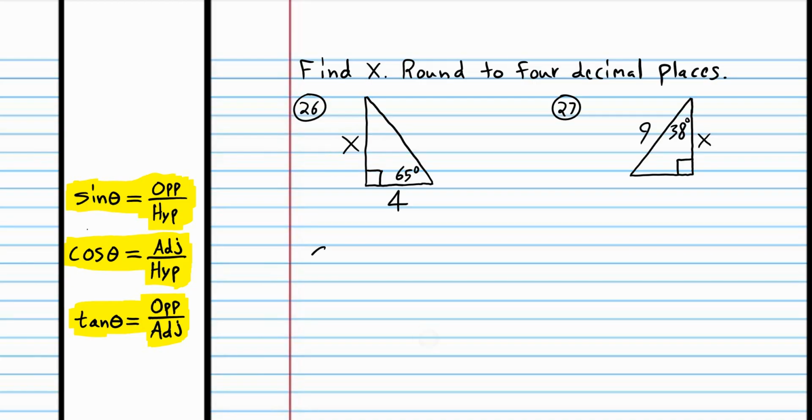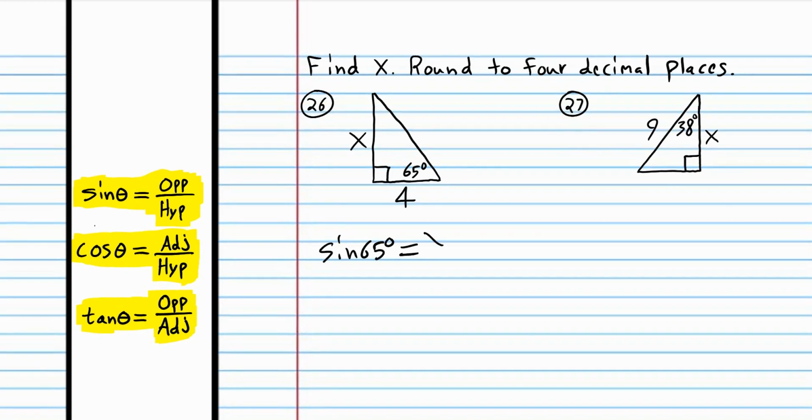So I'm going to try to use sine 65. Sine 65 is opposite over hypotenuse. Whoops. We don't have any information about the hypotenuse. In fact, we're not even looking for the hypotenuse. So we can't use sine. Let's try using cosine. Cosine 65 degrees is equal to adjacent over hypotenuse.